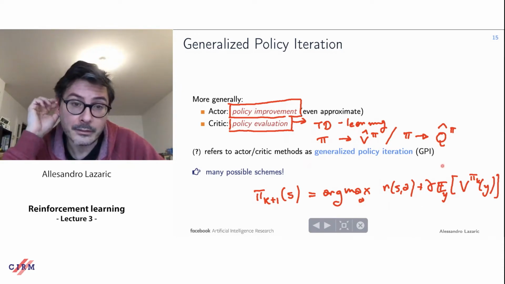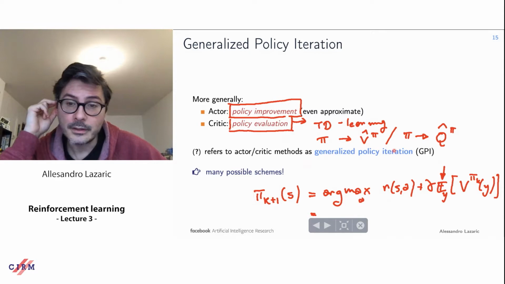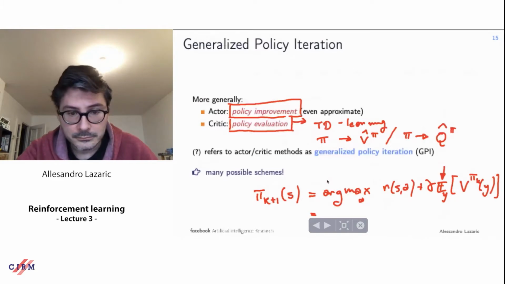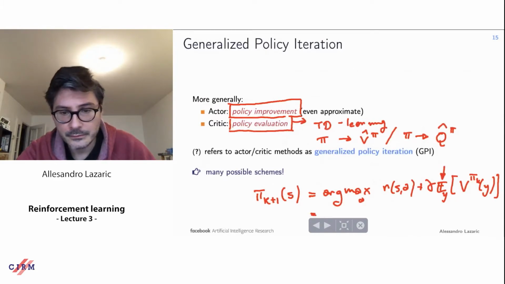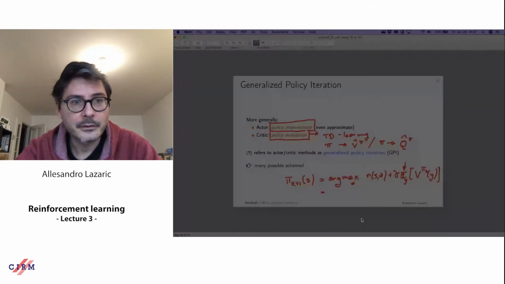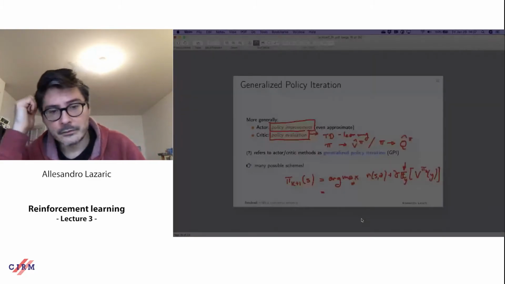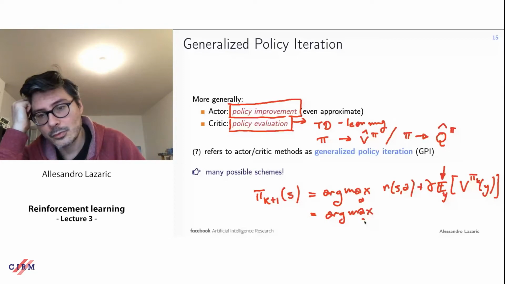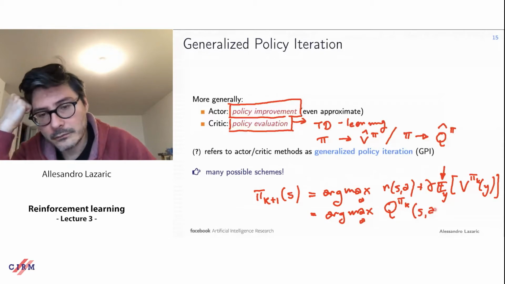Now, the problem is that I cannot really do this. And this is the reason why we usually move to action value functions, because in action value functions, this thing can be conveniently rewritten like this: Q pi k of s, a. So this is much more convenient.